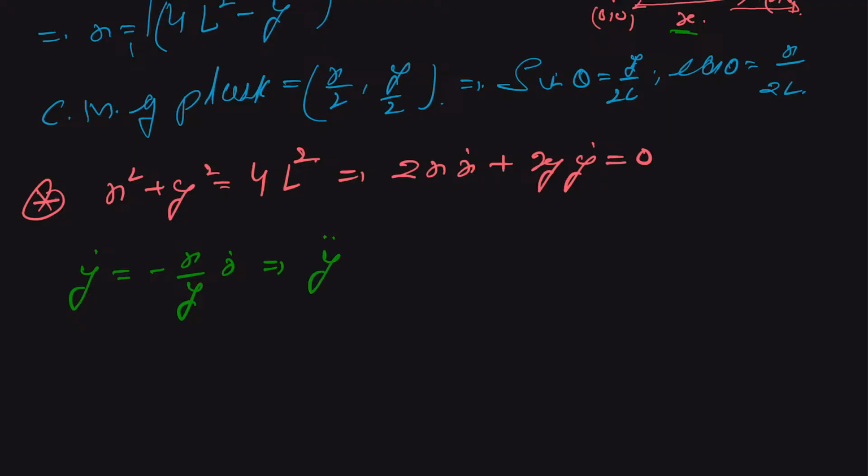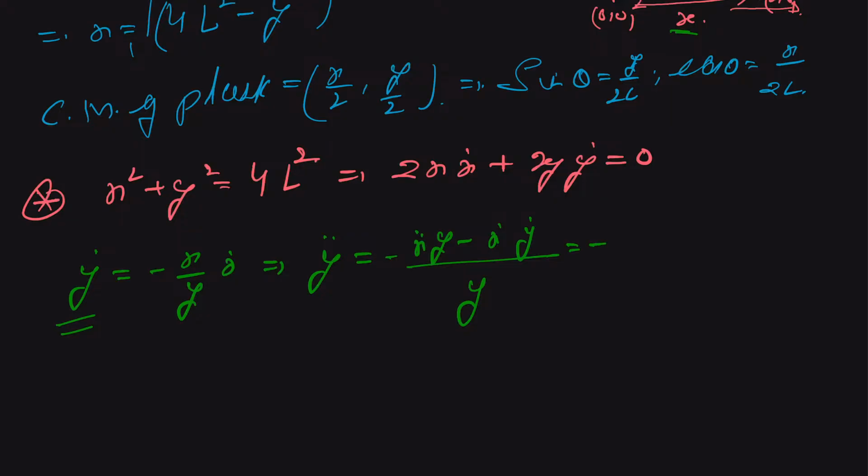We are going to get the acceleration, which is equal to minus, we have y, and this will be x double dot times y minus x dot times y dot. We already know y dot, so we substitute it here.